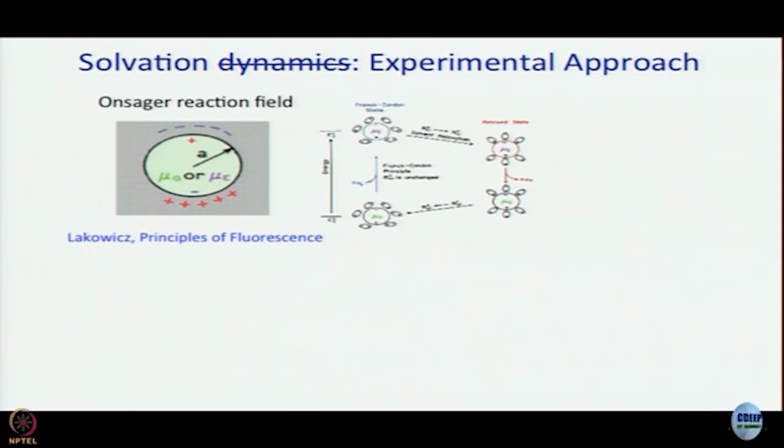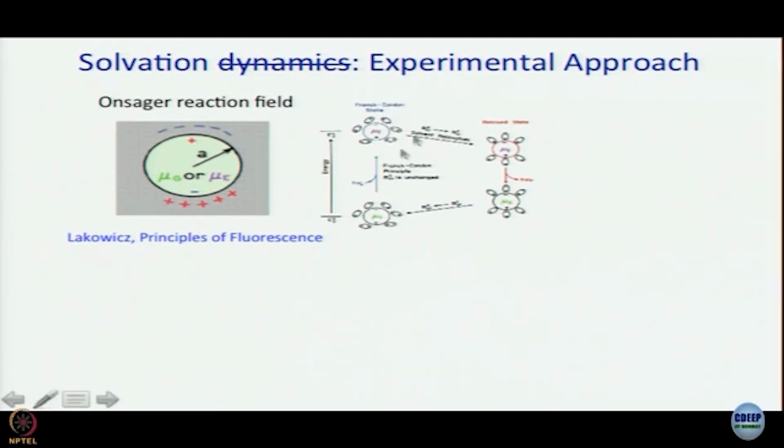Now, what will happen? You will have stabilization due to Onsager reaction field. If you go through the derivation, you will see that this picture is only to recognize the molecular nature. The derivation is completely based on dipole and field, no molecular structure at all.